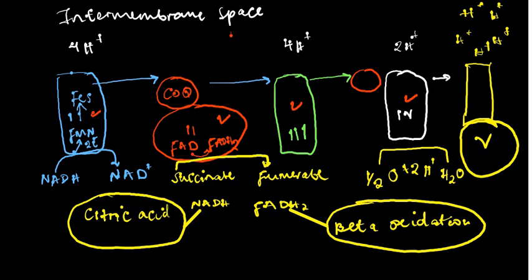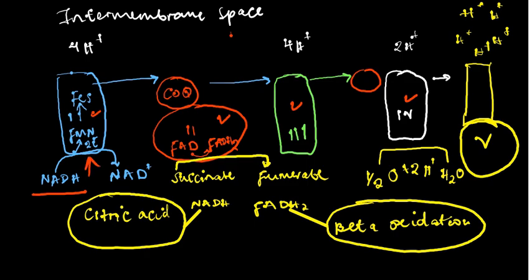The pair of electrons that are carried by NADH, along with 2 hydrogen atoms, are transferred to NADH dehydrogenase in complex 1.